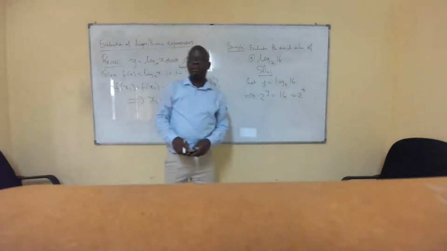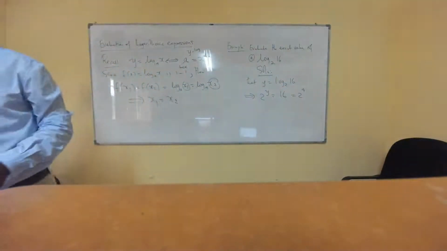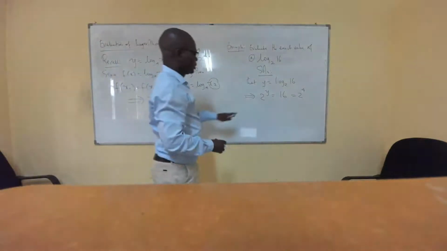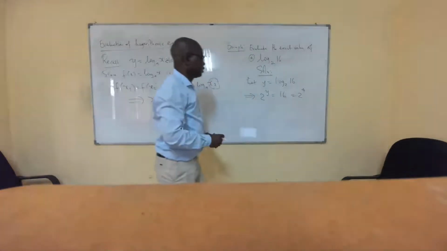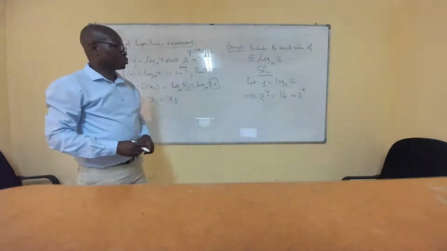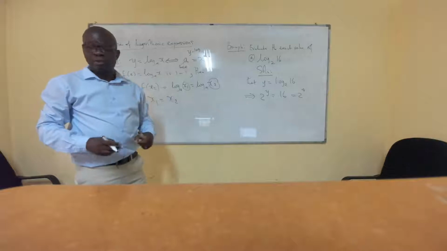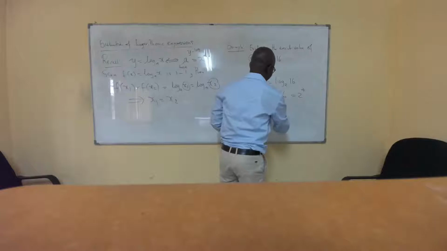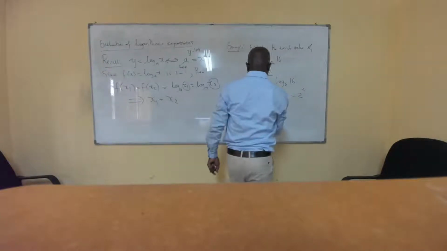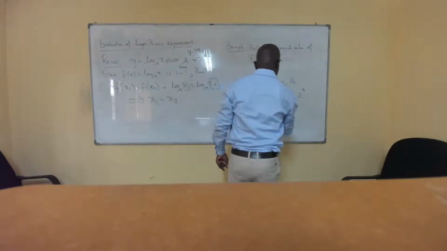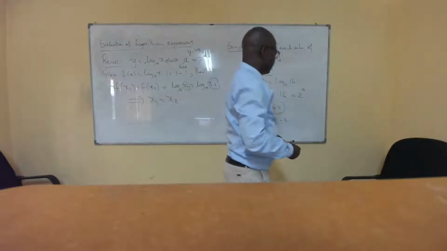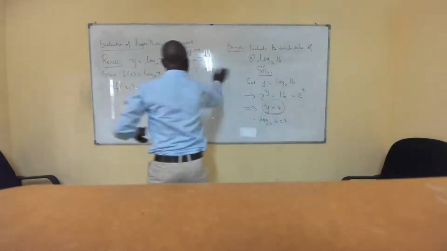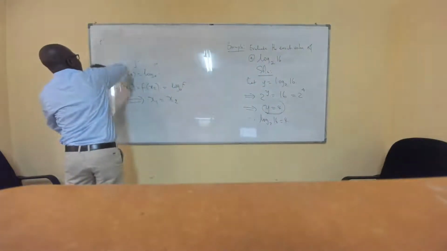But using the fact that this is an exponential function, the exponential function with a equals 2, we know it is 1-to-1. Therefore, we can deduce that y should be 4. So the answer is, log to base 2 of 16 is actually 4. It is the power to which 2 must be raised to give 16.